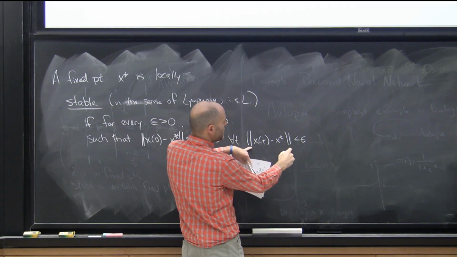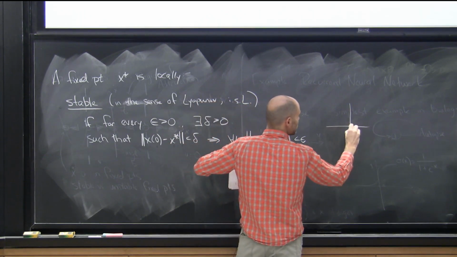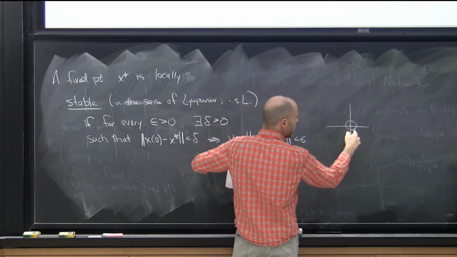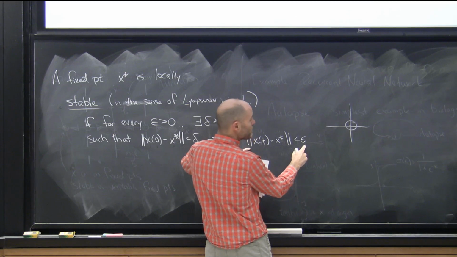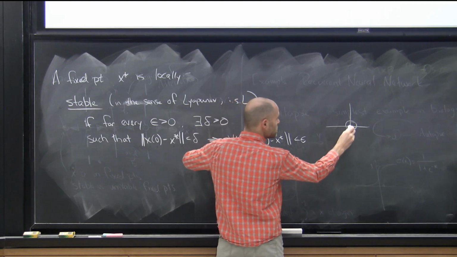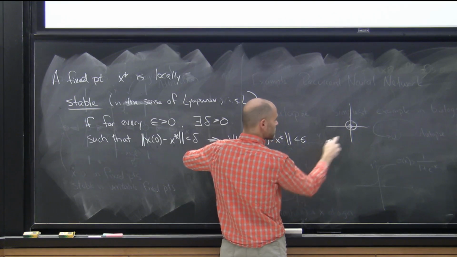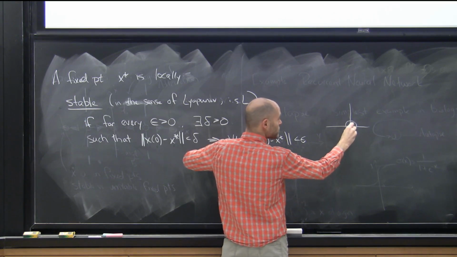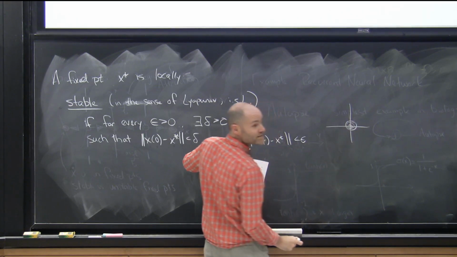This says I'm going to consider all states that are inside some region. If here's my fixed point, I'm going to be able to draw any epsilon ball. I'm going to call the system stable if I give you epsilon, you need to come up with a delta, which should be smaller than epsilon for this to work, such that if you start inside the small ball, you'll never leave the big ball.